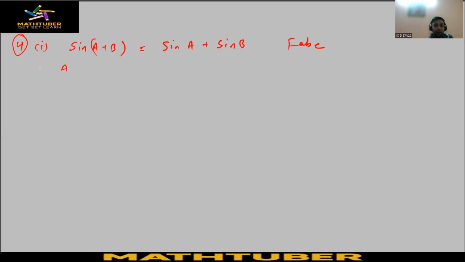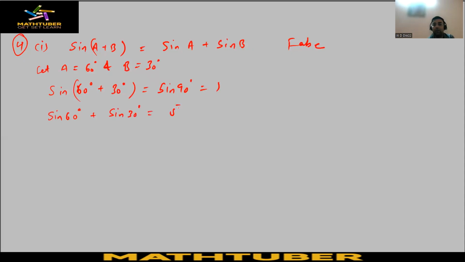Suppose we let A is equal to 60 degree and B is equal to 30 degree, then sine (A plus B) becomes sine 90 degree, that is equal to 1. And if we put it in the RHS here, it will be sine 60 degree plus sine 30 degree, that is equal to root 3 by 2 plus 1 by 2, which is equal to (root 3 plus 1) by 2. And it is not equal to 1, right?